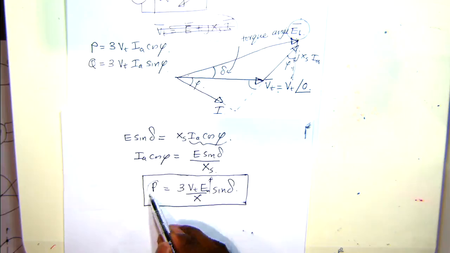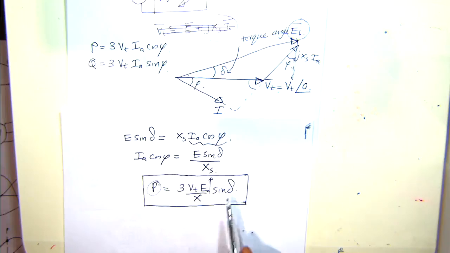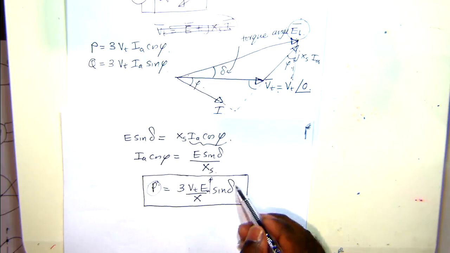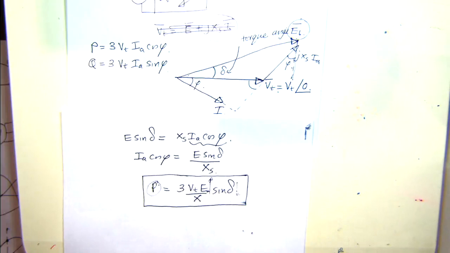That means this value is fixed, so to keep it constant, the torque angle will reduce. For the same power, if you change the excitation voltage, the torque angle adjusts itself to maintain the same power. But depending on those values, the reactive power transfer will change.